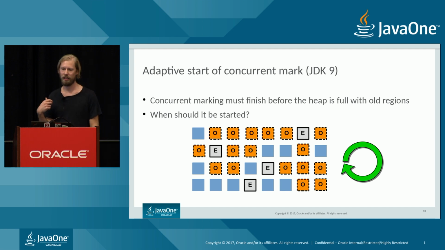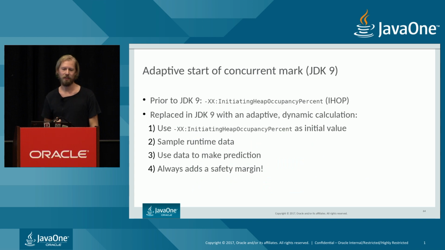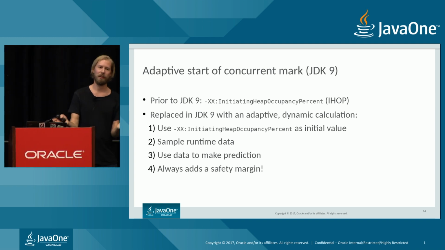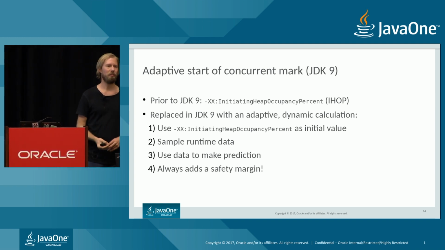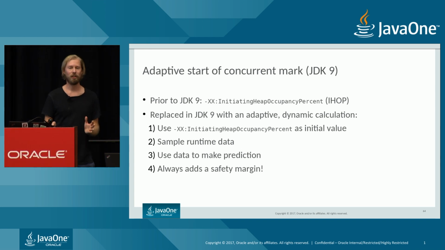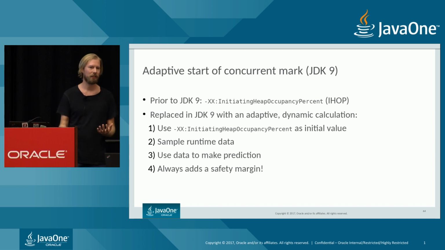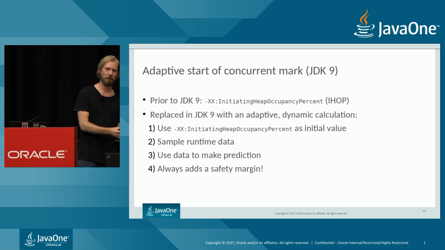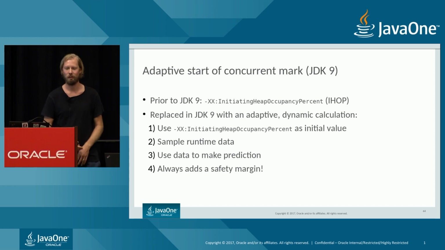Prior to JDK 9, you had to use the flag initiating heap occupancy percent, which meant that you set a value, for example 35, and concurrent marking would be started when the heap was 35% full. Now, this is obviously a static way to do this, and many of you experienced problems with this, that the concurrent mark cycle was kicked off too early, resulting in slightly worse performance, or too late, resulting in us not being able to collect the old regions.